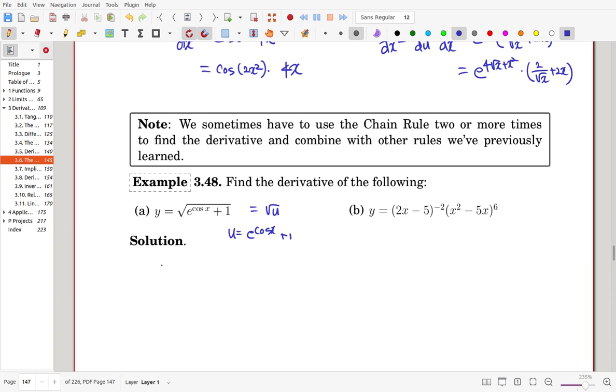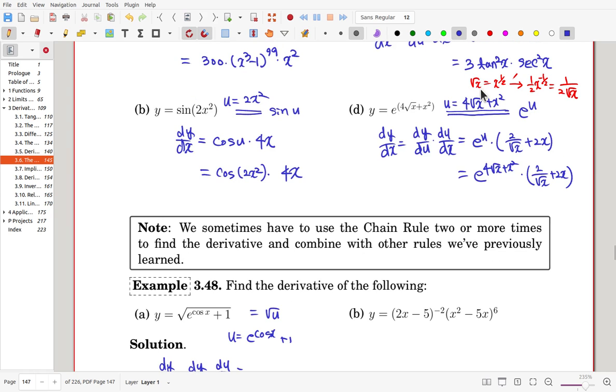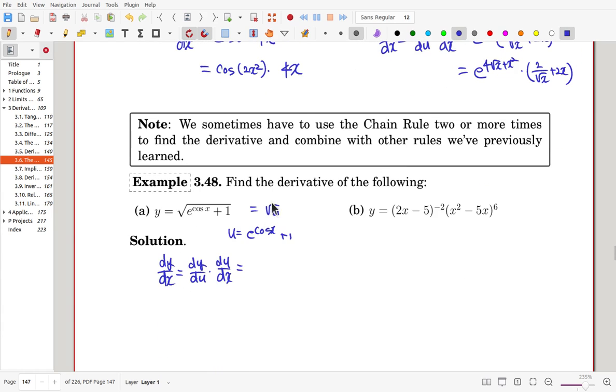So here dy over dx can be dy over du times du over dx. For square root of x, the derivative changed in this way, so for this term the derivative will be 1 over 2 square root of u, times du over dx.